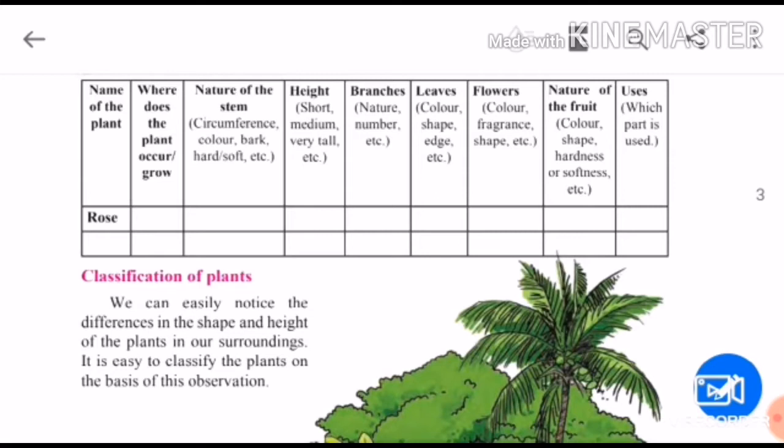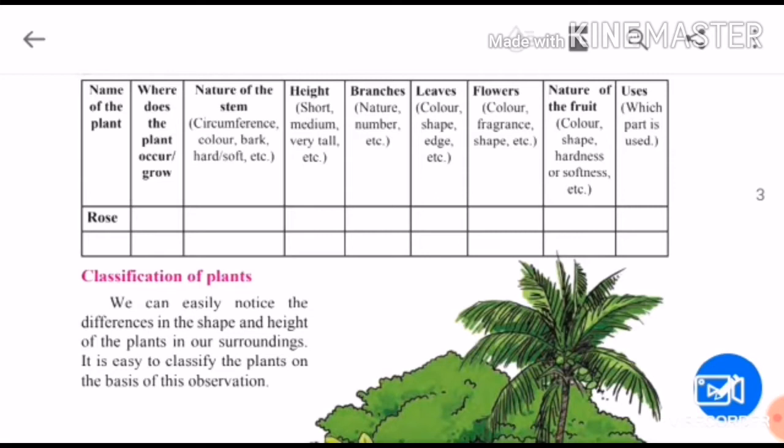The next one is leaves. You can observe the color of the plant's leaves and write it. You can see its shape. You can find out its edges, whether zigzag edges or curved edges, and write it like that. Flower color: if the plant has flowers, you can write what color it has, whether it has fragrance or not.